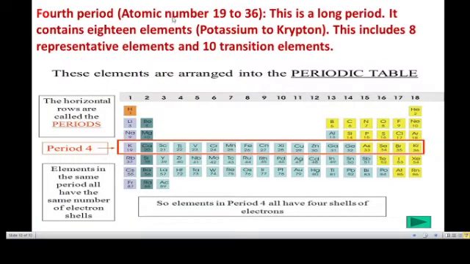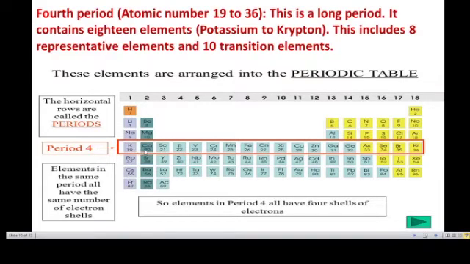Then fourth period, atomic number 19 to 36. This is a long period. It contains 18 elements starting from potassium, that is K, to krypton. This includes 8 representative elements and 10 transition elements.